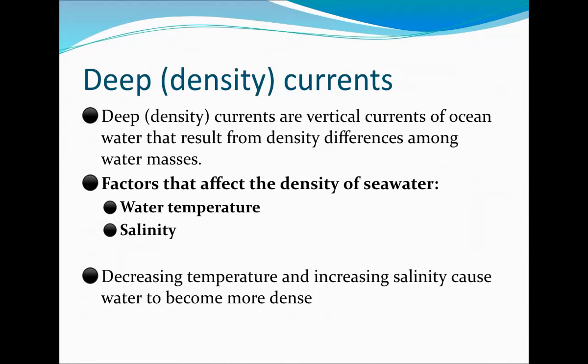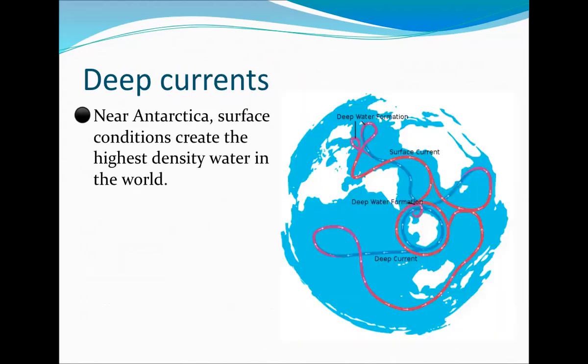So the colder and the more salt, the more dense the water becomes. Near Antarctica, surface conditions create the highest density water in the world, because it's super cold. In the diagram to the right, near Antarctica is where you see deep currents, and up top is where you see your surface current.